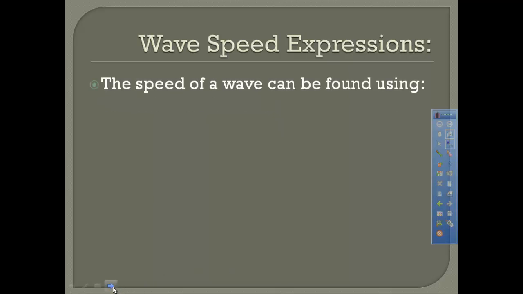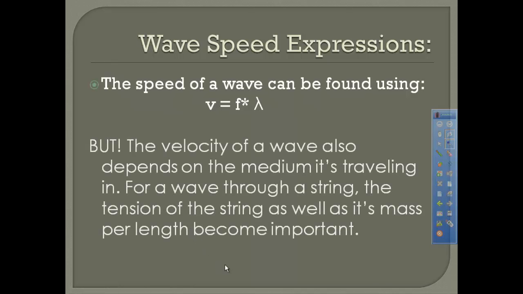All right, speed of a wave. This is our equation we used last year, and we're still going to use it this year. Velocity equals frequency times wavelength, and the answer is, of course, in meters per second. We can also use a different equation. It depends on the medium that the wave is traveling through.